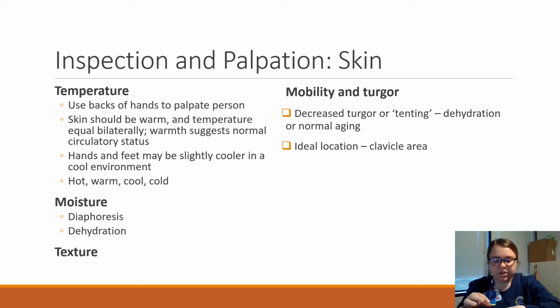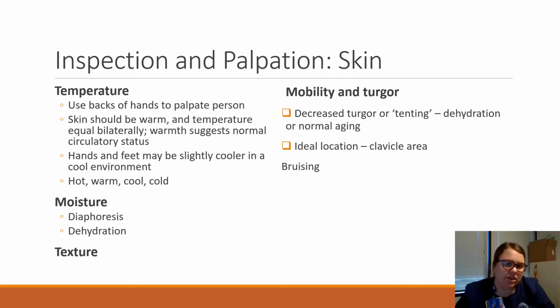But our older adults, if I do this on their hand here, once I let go, it may stay up and that looks like a little tent. So it is ideal for everyone to always go up to the clavicle area.